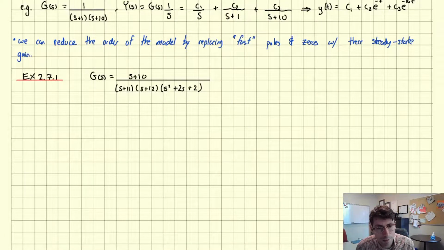Okay, so there's our G of s. Let's plot the poles and zeros of this transfer function and see what we would call the dominant ones for the low frequency input.